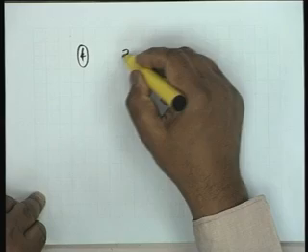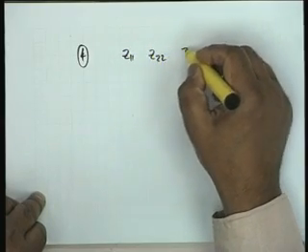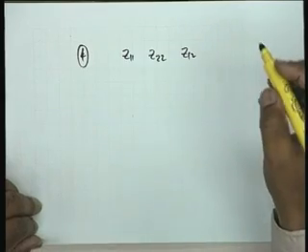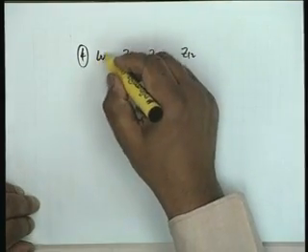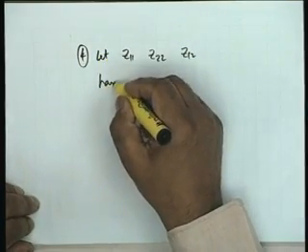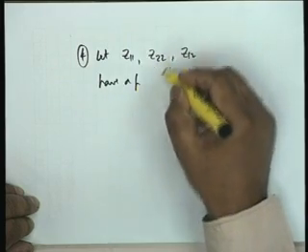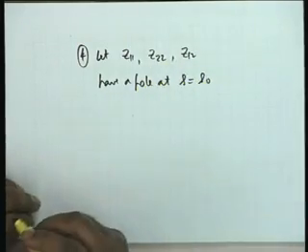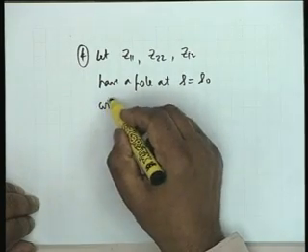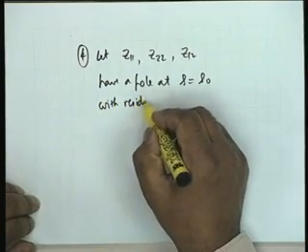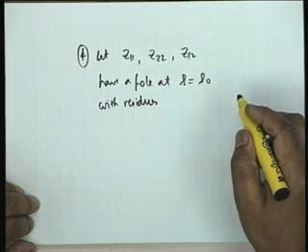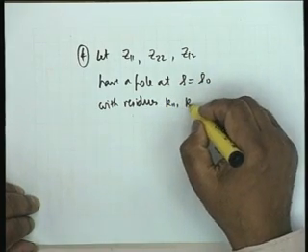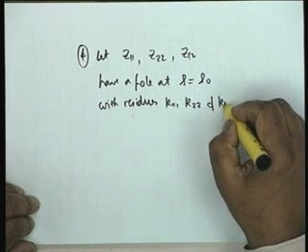If you have a set of parameters, let's say Z11, Z22, Z12, and suppose all of them have a pole at some point s equal to s naught, with residues K11, K22 and K12.